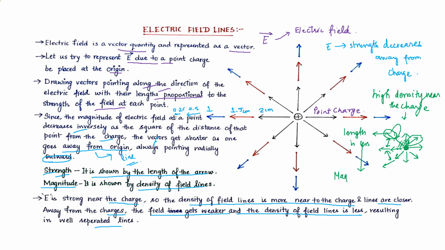Magnitude of E is reducing. So that is how, if the electric field is given in picture form, we have to define it. Nearer it is more, and as we go far it is less. The magnitude as well as the strength of E are decreasing as we go far from the charge.